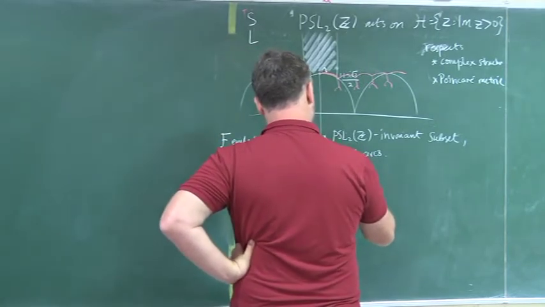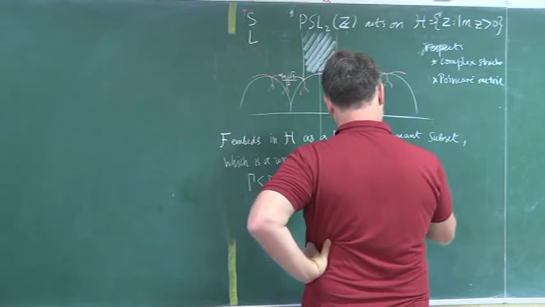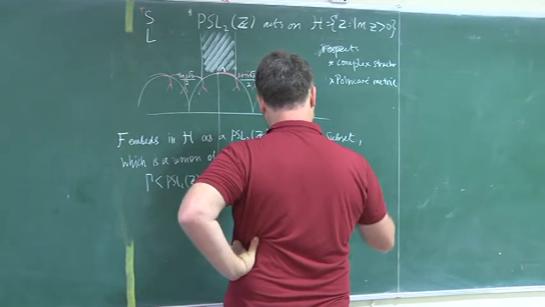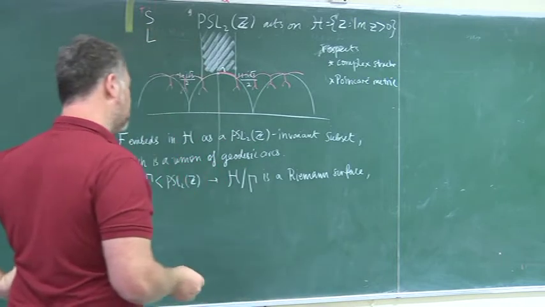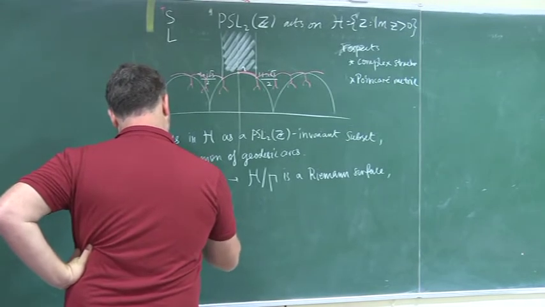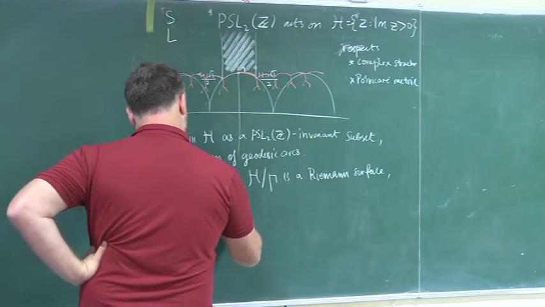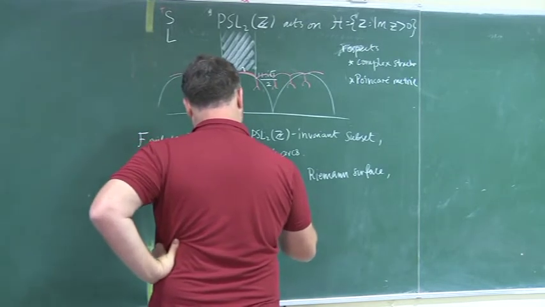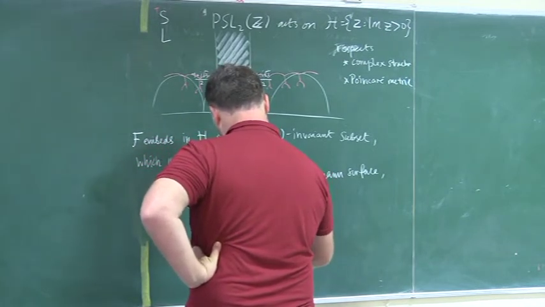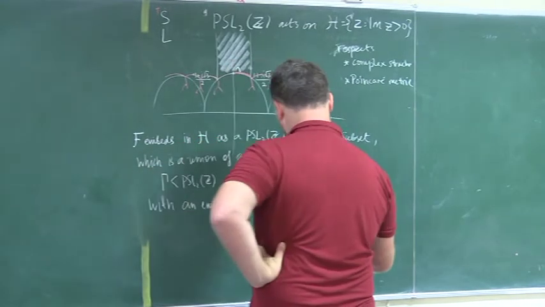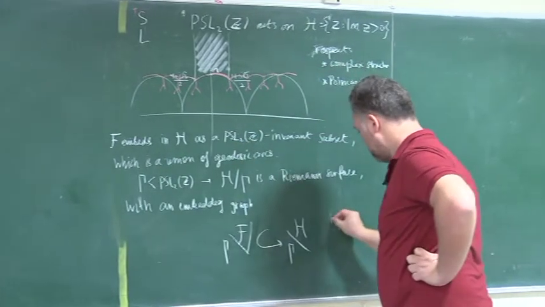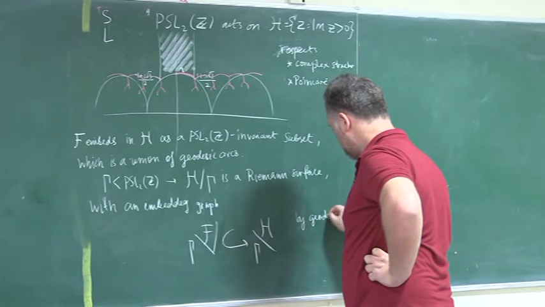The quotient surface is a Riemann surface with a canonical Poincare hyperbolic metric on it, and with an embedded graph, F over gamma, included in H over gamma by geodesic arcs.